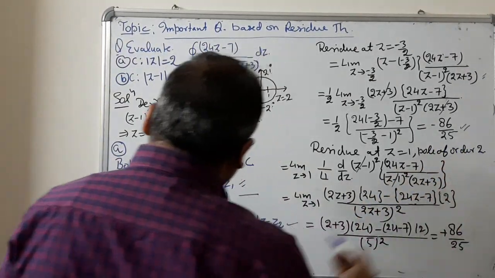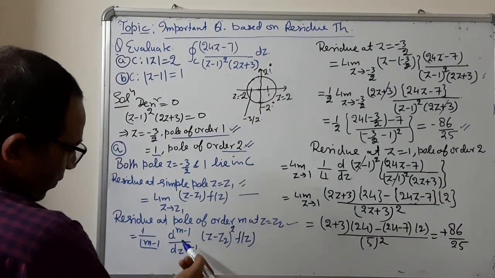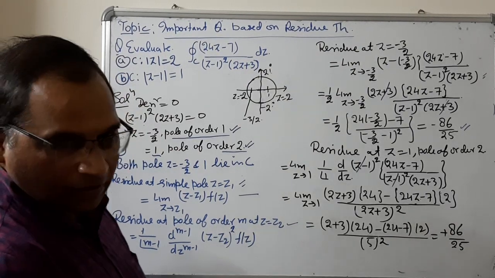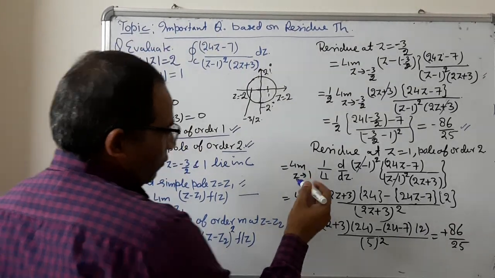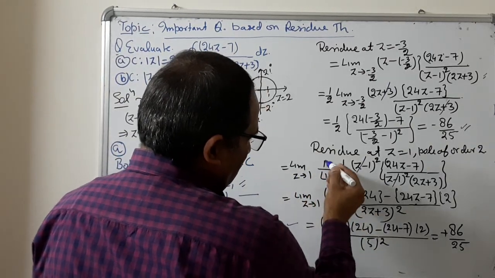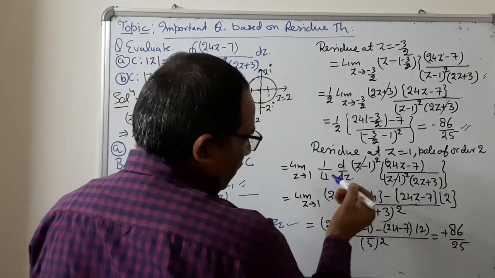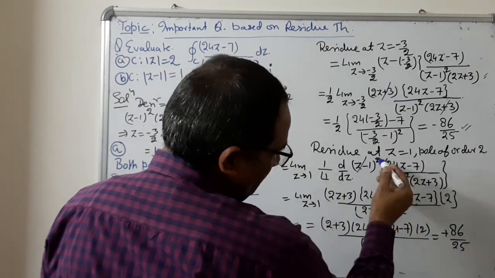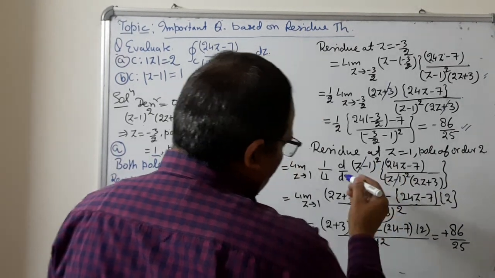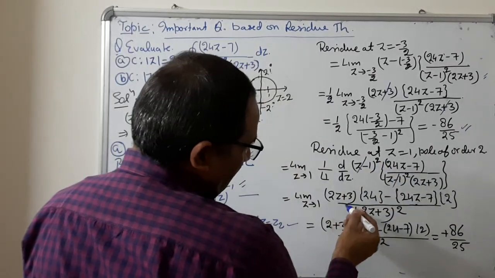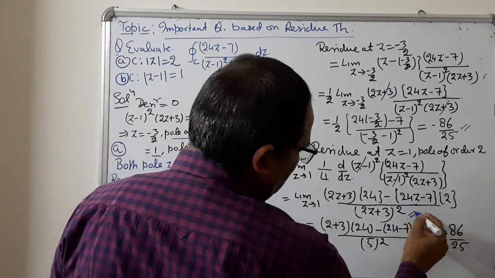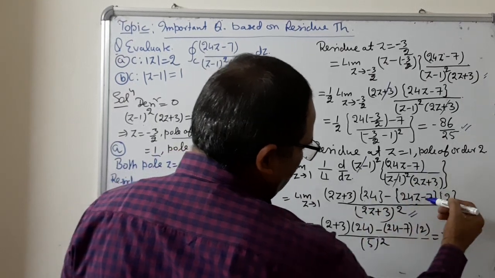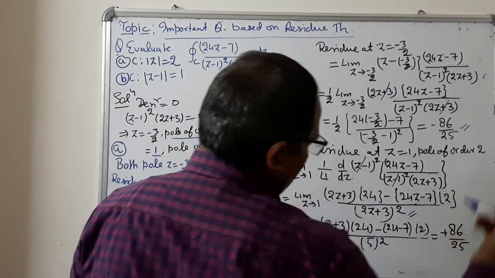For a pole of order 2 we have to apply the formula: 1 upon factorial of (m minus 1) times the derivative of (z minus z2) whole square f of z. Here z2 is 1, so limit z tending to 1, 1 upon factorial 1 because the order is 2, that means one derivative, d by dz of (z minus 1) whole square f of z. The (z minus 1) whole square cancels out, and differentiating this we get (2z plus 3) whole square in the denominator, into the differentiation of the numerator minus the numerator into the differentiation of the denominator.